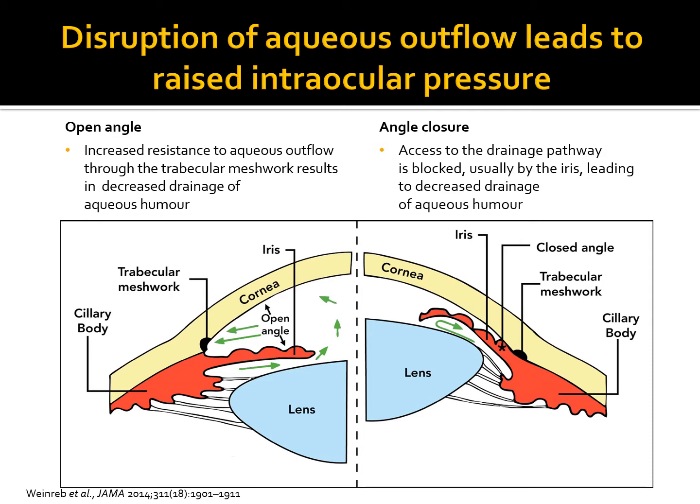And we can have either open angle type mechanisms where there's increased resistance to aqueous outflow through the TM, and that results in a decrease in drainage of the aqueous humor.